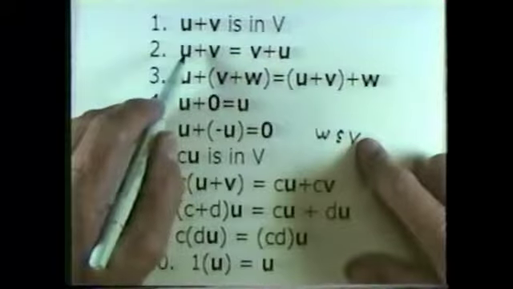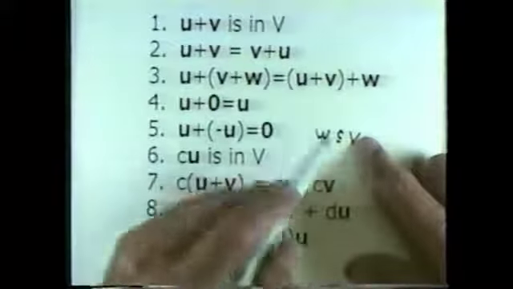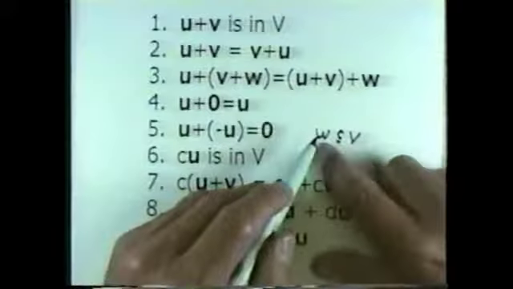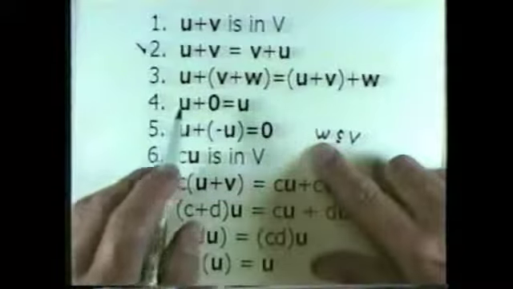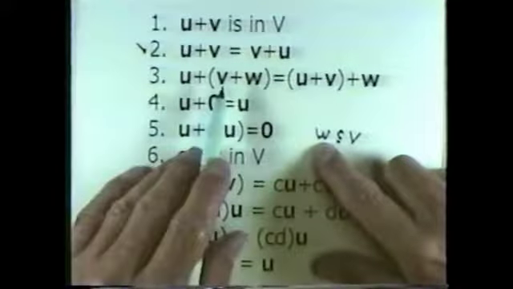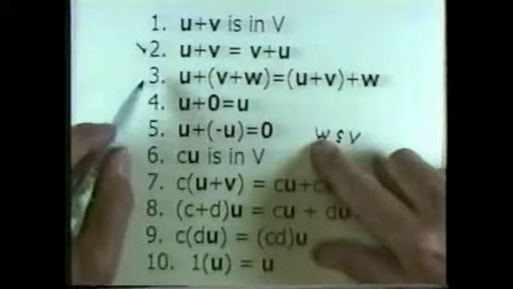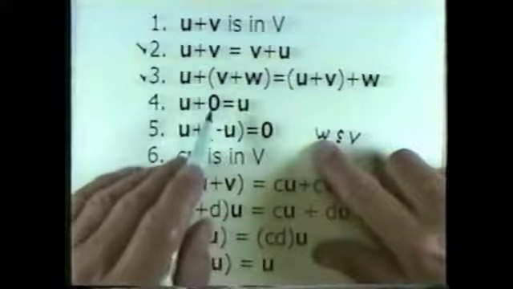The commutative property of addition is true because U plus V is equal to V plus U for any vectors in V. Well, the vectors in W are in V, so it must be true for the vectors in W. So that's okay. The associative property of addition must hold for all vectors in V. Well, all the vectors in W are also in V, so it must hold for all the vectors in W. The same zero vector for V must work for W because there's only one.